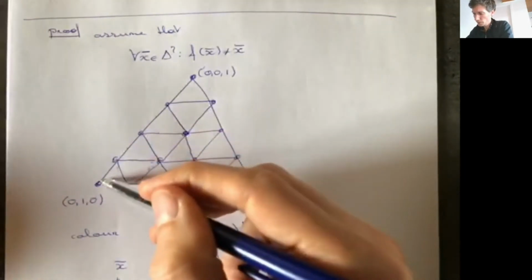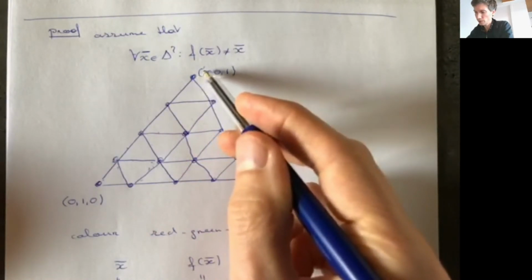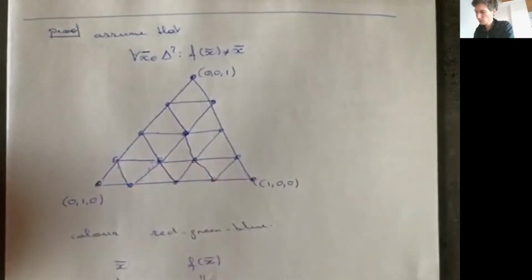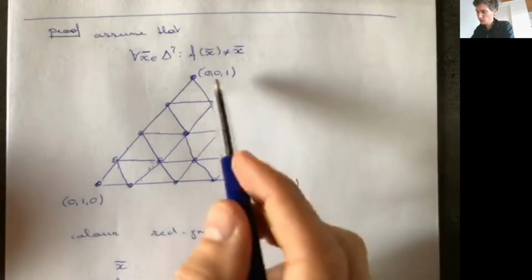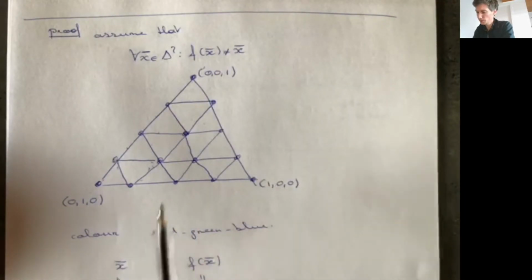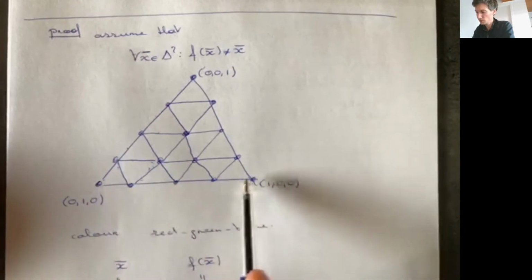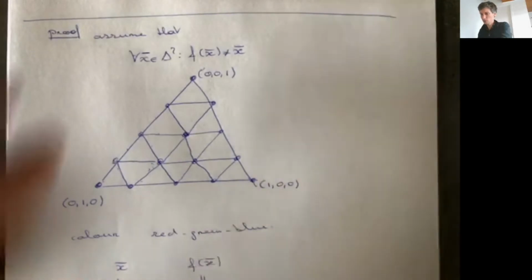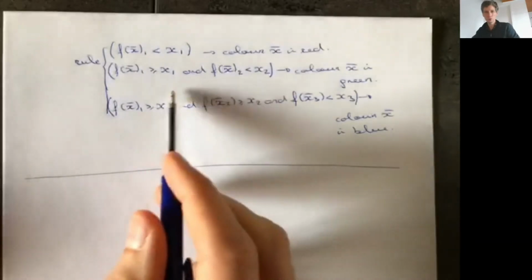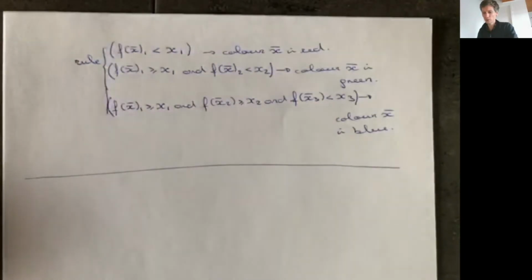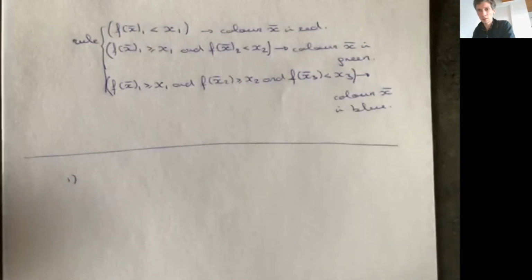And then any vertex on this boundary here needs to have either the color of this one or the color of this one. And every vertex here on the boundary needs to be colored like this vertex or like this vertex. These are the 3 things that we need to make sure are also valid if you choose this coloring. So let's first show that every vertex has a color.